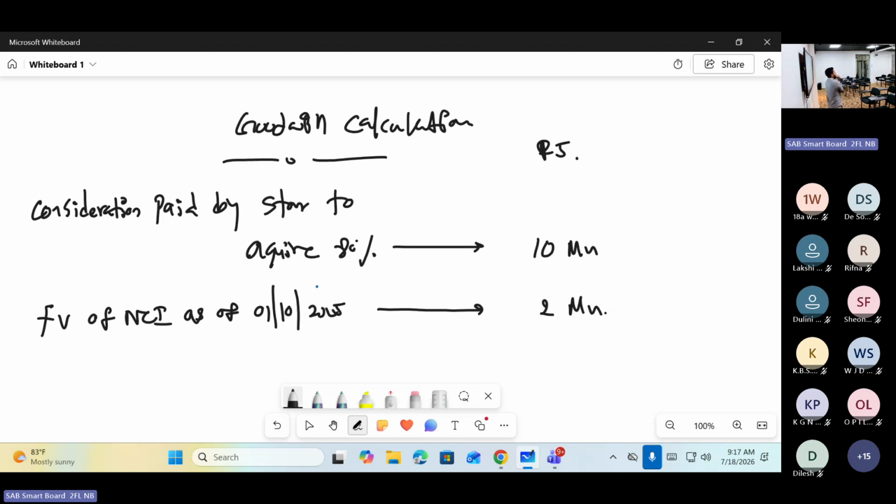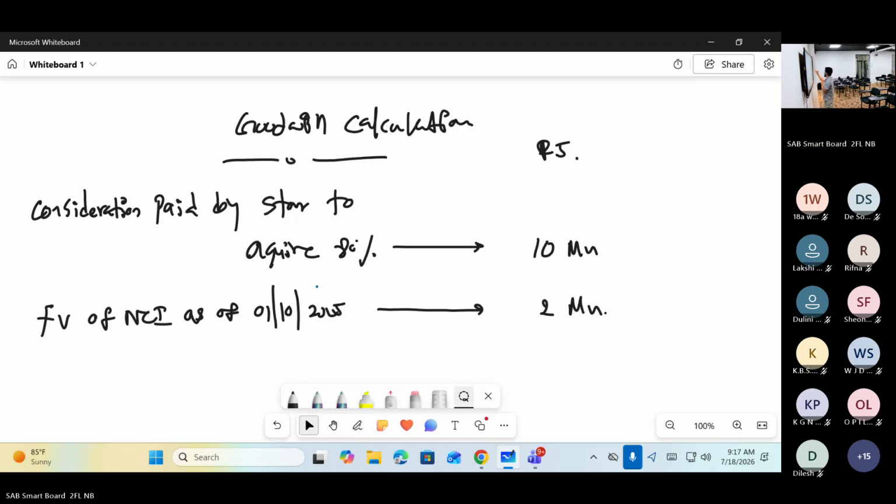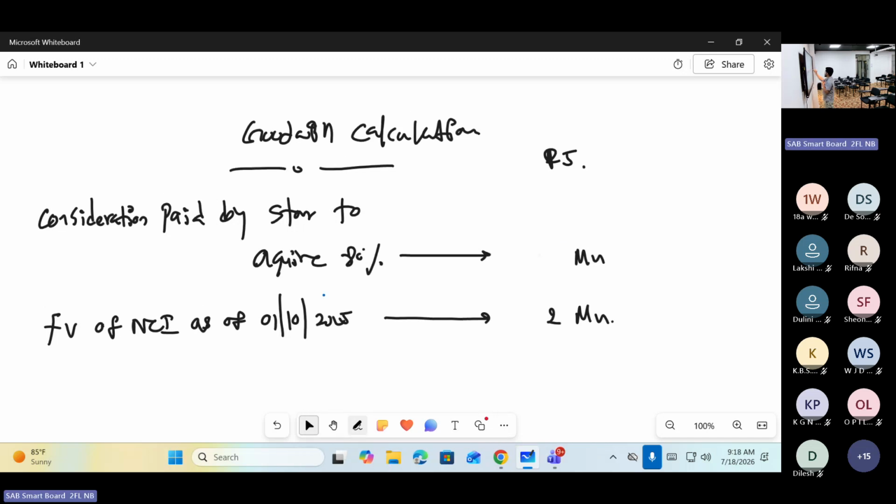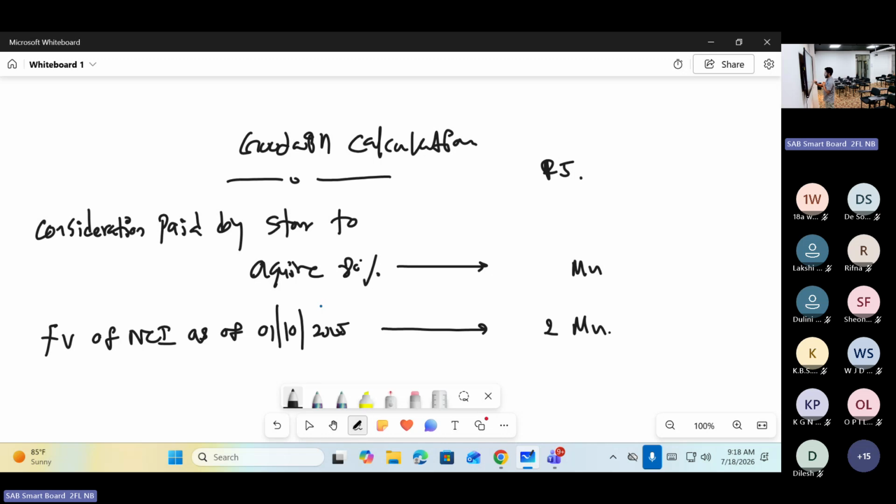You are paying in cash 15 million. What are the 15 million? We are paying in cash 15 million, right? $15 million. Right.